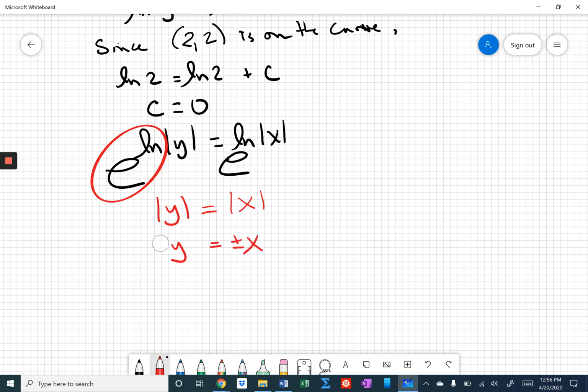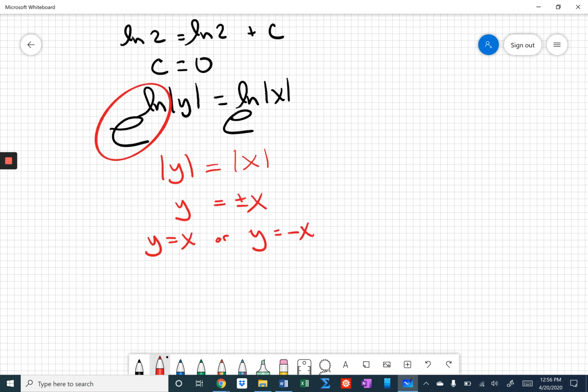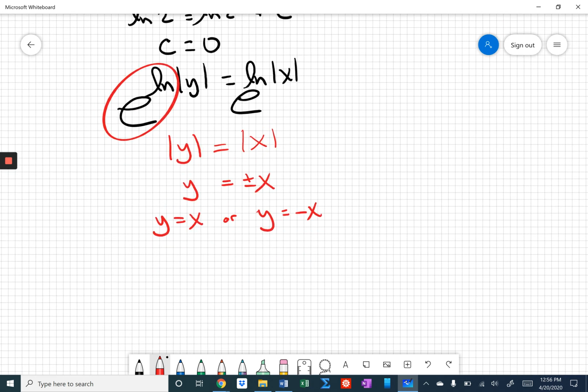So we'll put it on one side only as we're getting rid of this. So I either get the solution y is equal to x, or y is equal to negative x. But remember, the curve has to hit the point 2 comma 2, so we don't want this one over here. The answer to our problem is going to be y is equal to x.